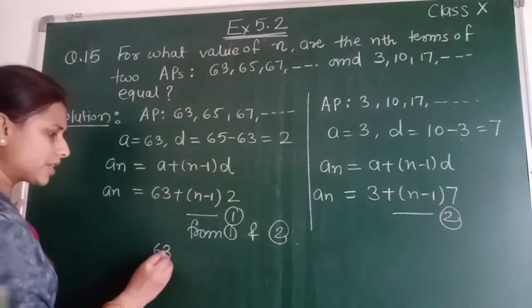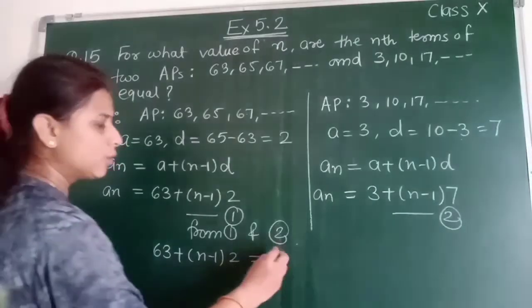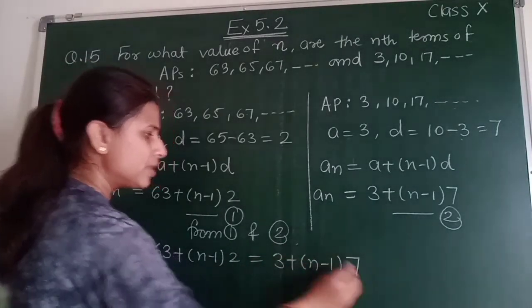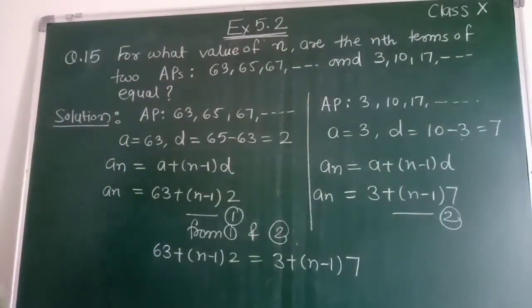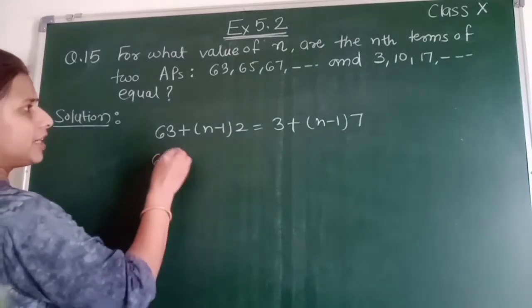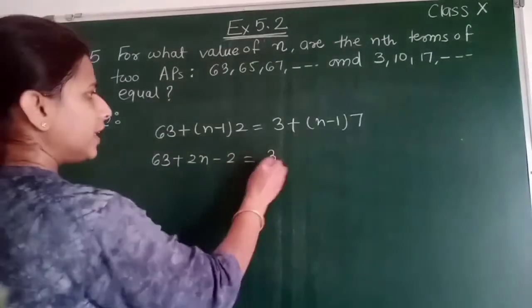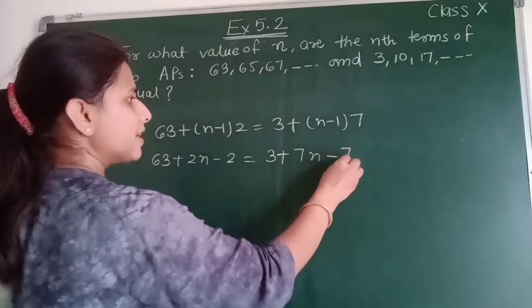So 63 plus n minus 1 into 2 equals 3 plus n minus 1 into 7. Then we will simplify this and find the value of n. First we will open the bracket: 63 plus 2n minus 2 equals 3 plus 7n minus 7.